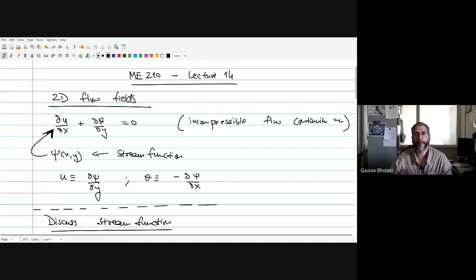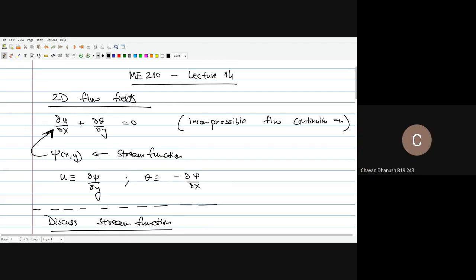If for some flow field, let's say it is compressible, then this psi is not defined, because this continuity equation that we have written here is only valid for incompressible flows. Then for compressible fluids, sir?